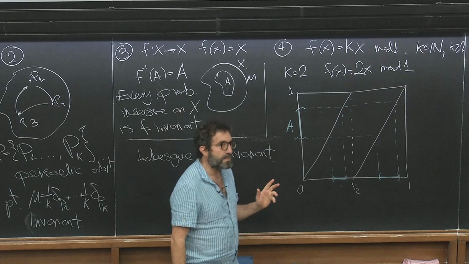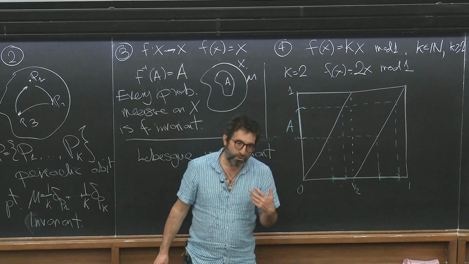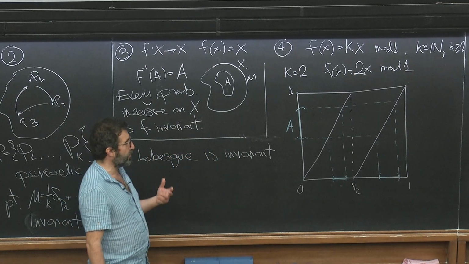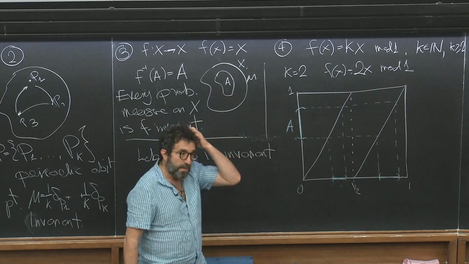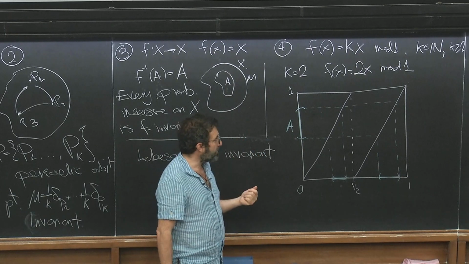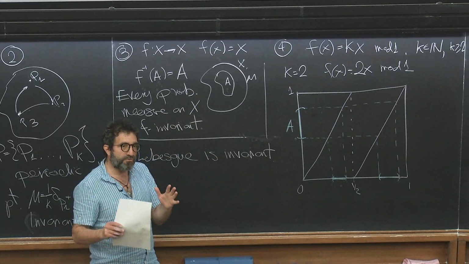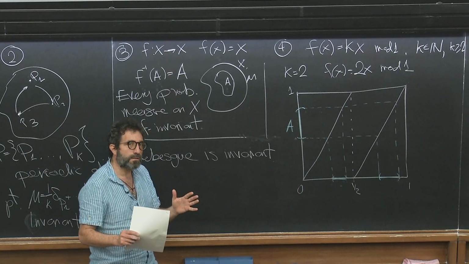But strictly speaking, the way around this, which I'm not going to formalize because it's really a technical issue, is that it is enough to check invariance on an algebra of subsets which generates the Borel sigma algebra.